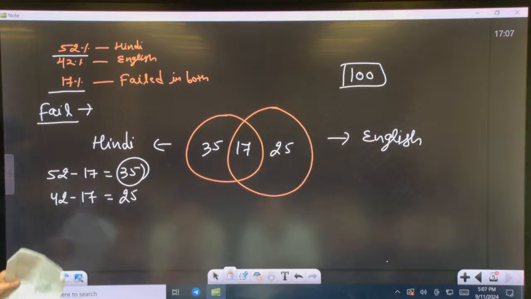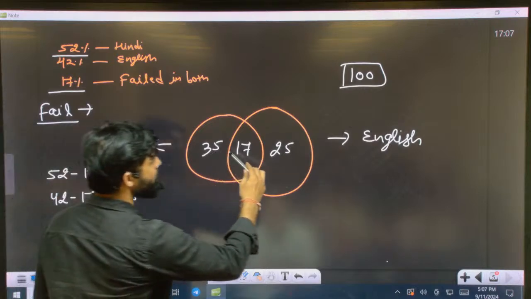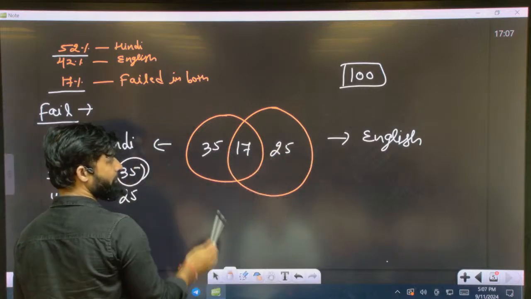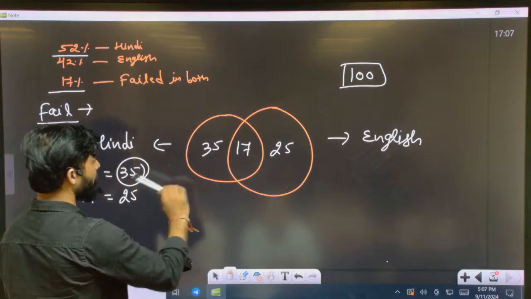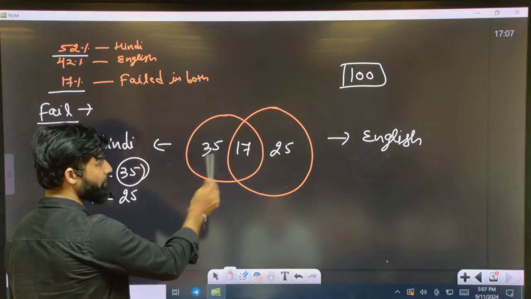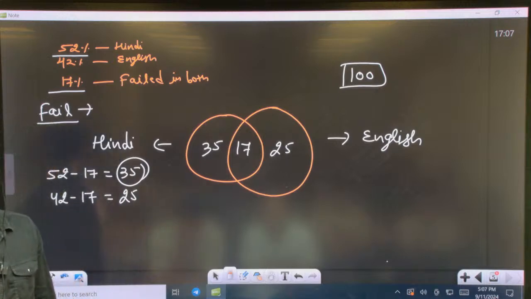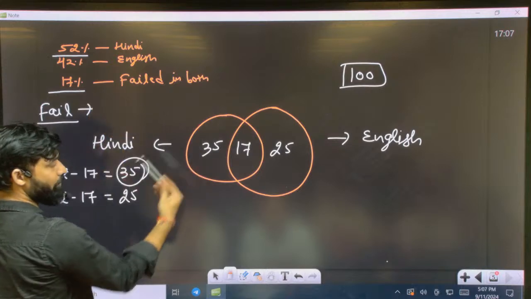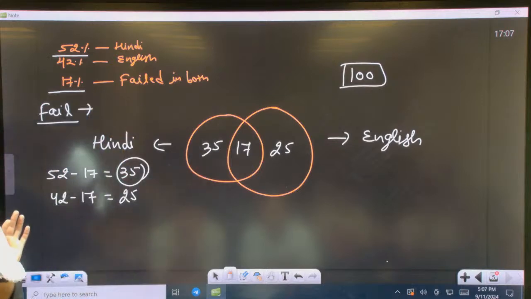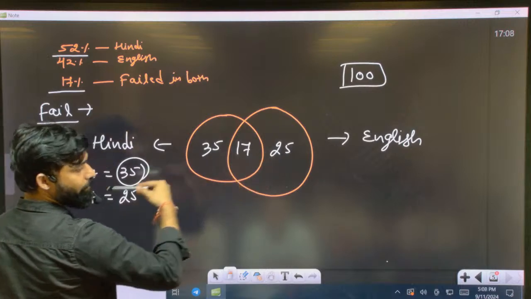Now this is the data for fail. If I count English separately, then this is 25 plus 17, 42. If I take Hindi separately, then 35 plus 17, 52. And if I take the common value, that is 17. Any problem? Okay. So this is the data for fail.